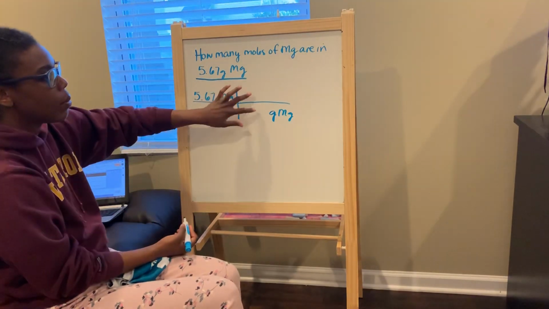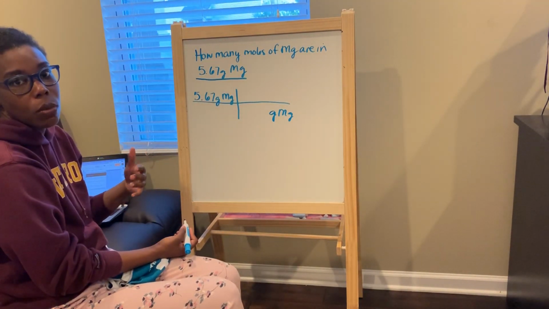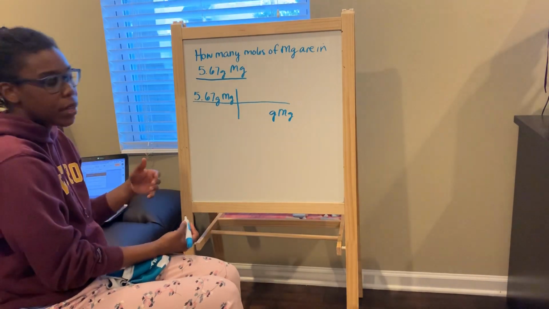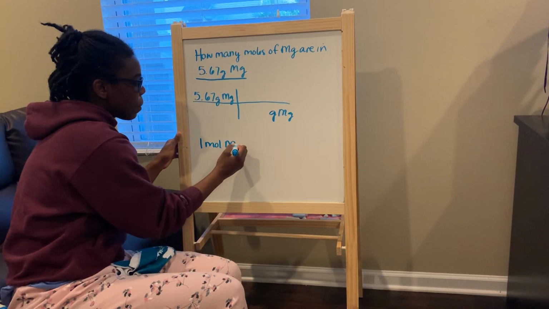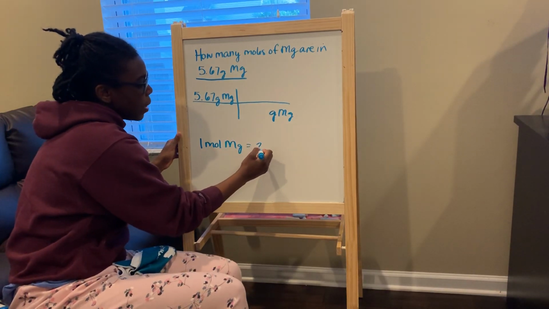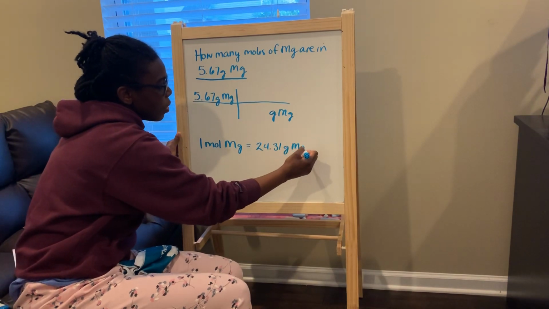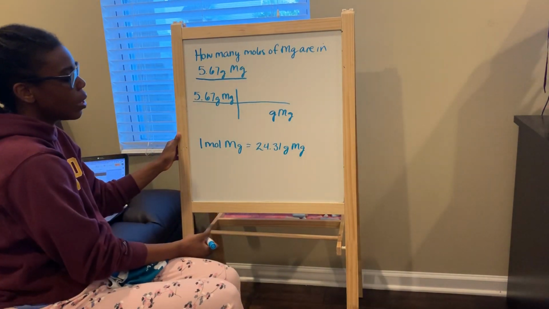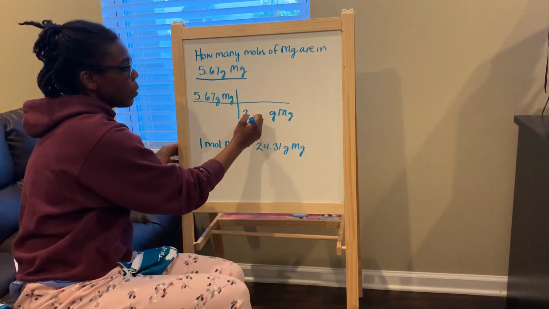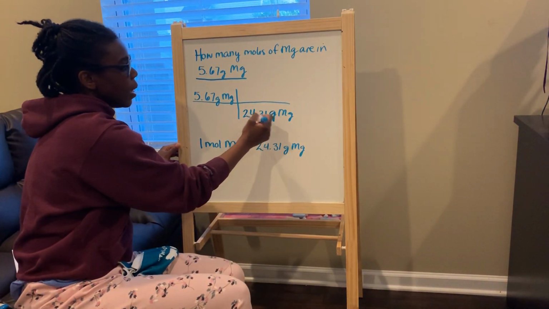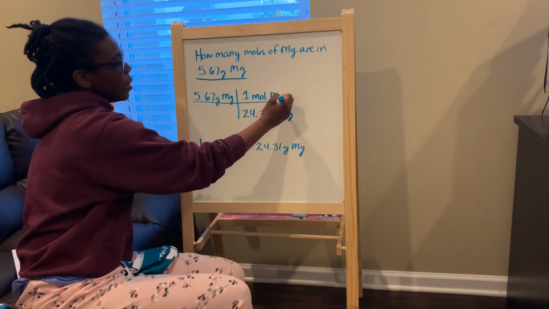To figure out what goes in this spot, we go to the periodic table to figure out how much 1 mole of magnesium weighs. 1 mole of magnesium is the same as 24.31 grams of magnesium according to the periodic table. So then you just line up your units. Grams goes on the bottom, so 24.31 will go on the bottom, and on the top goes 1 mole of magnesium.